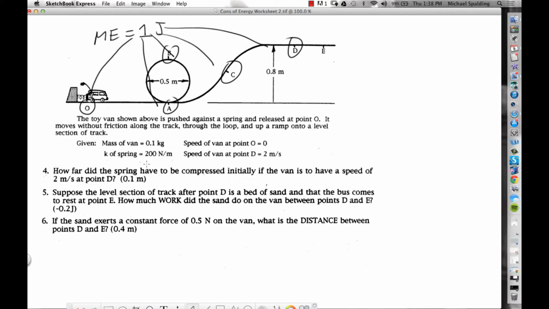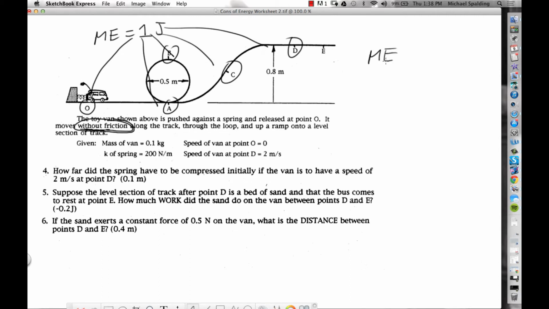Well, the only forces affecting the motion, because notice the worksheet here says without friction. Everybody see those two words? Yeah. Without friction means that this toy van is going to move around this course without losing any mechanical energy. Does that make sense? Yeah. The only forces affecting the motion of the toy van are gravity and spring.